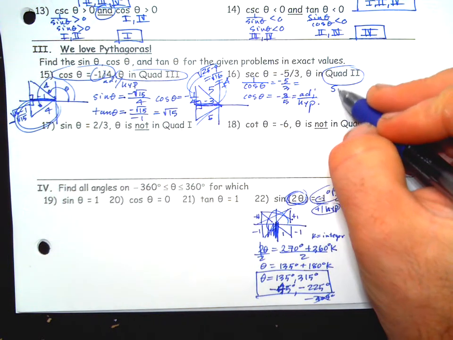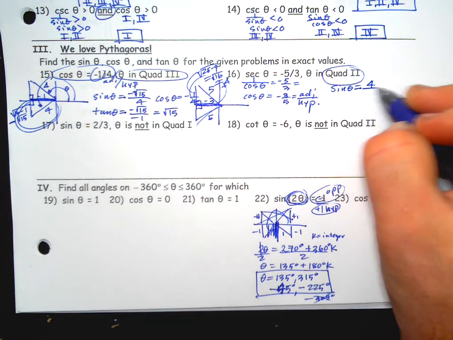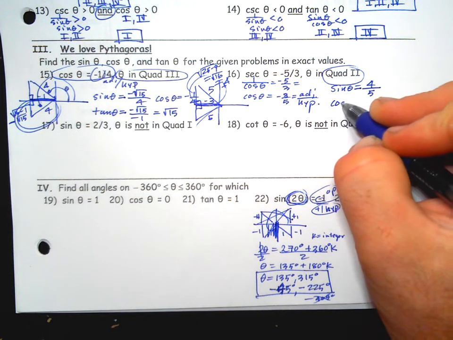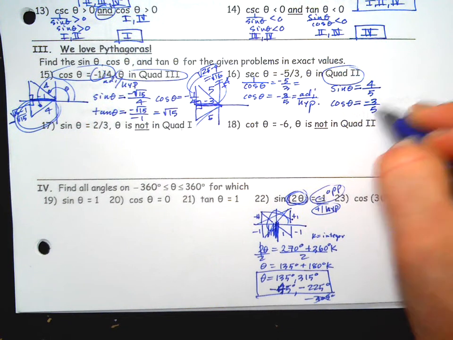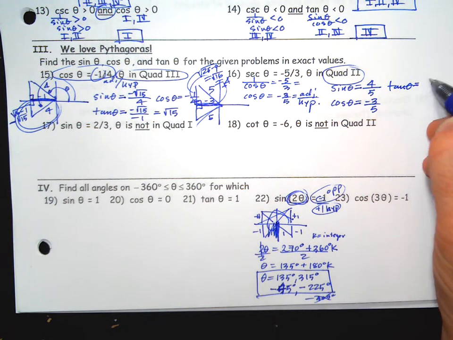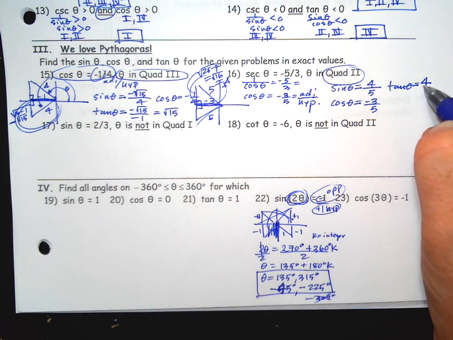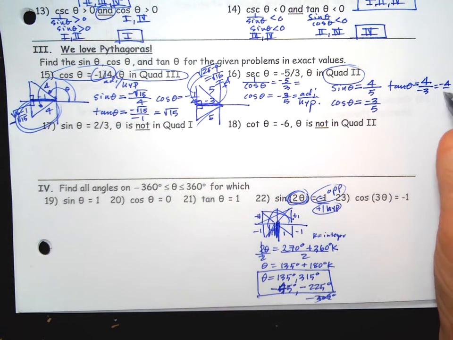So sine is opposite 4 over hypotenuse 5. Cosine is adjacent negative 3 over 5. And tangent is opposite over adjacent, so negative 4/3.